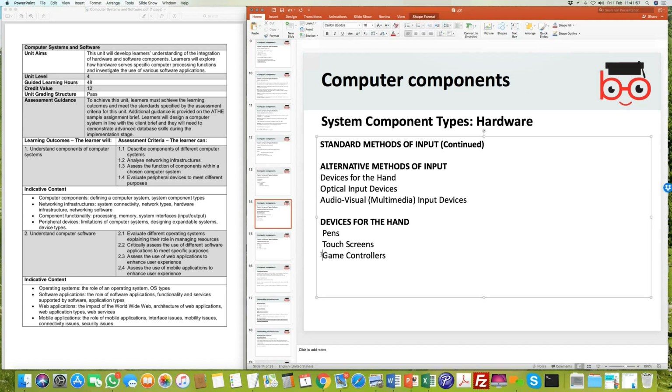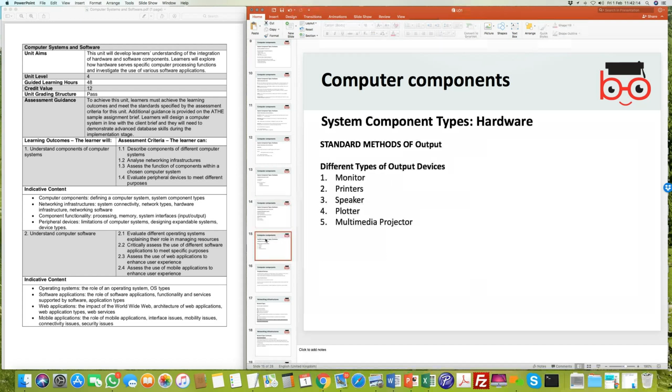And as I mentioned, tablets, digitizers and touch screens have also allowed the integration of gestures, which allow you to use your fingers or touch screens to control instructions on a computer system.